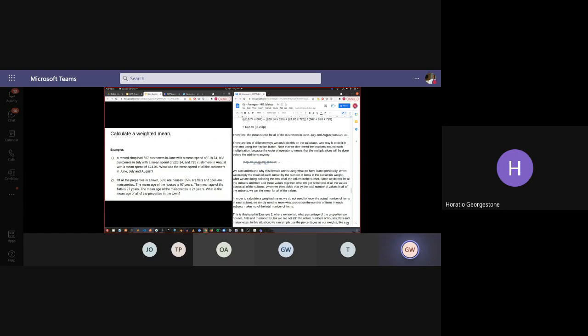So you put in 18.74 times 567 plus 2314 times 893 plus 24.05 times 725, and then over 567 plus 893 plus 725. Okay, so when we do that, we actually get £22.30. So that is the mean spend for those months.